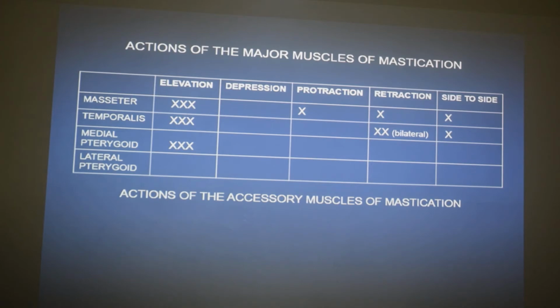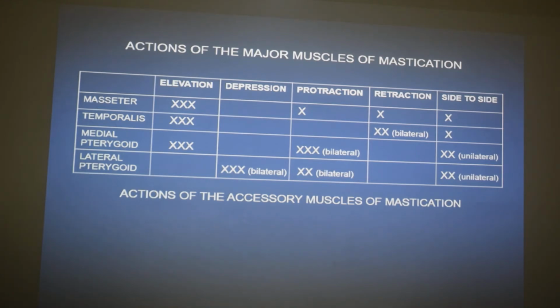Medial pterygoid, elevation and protraction are the major function, and then it works with the lateral pterygoid for side-to-side movements. Depression is lateral pterygoid, and protraction is its major function, and then it works with the medial pterygoid for side-to-side.